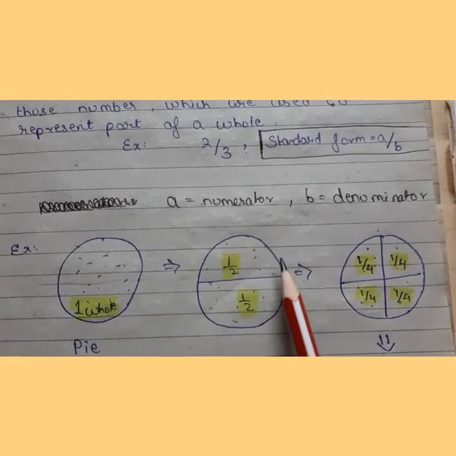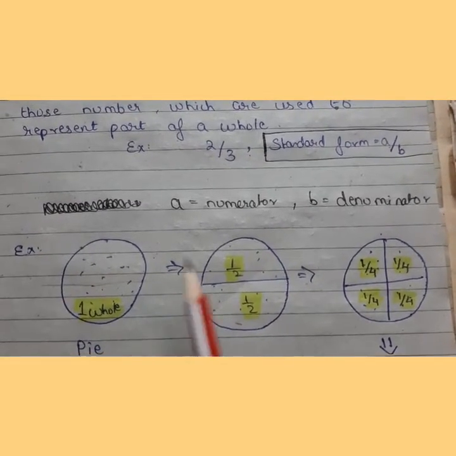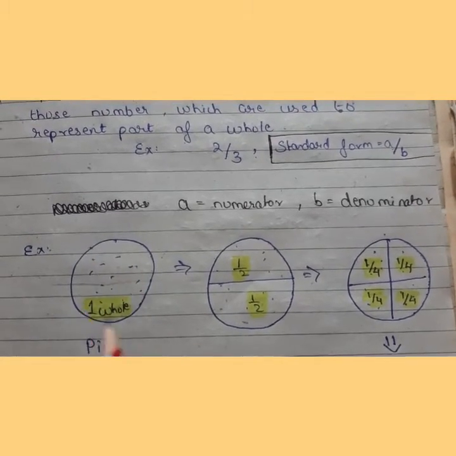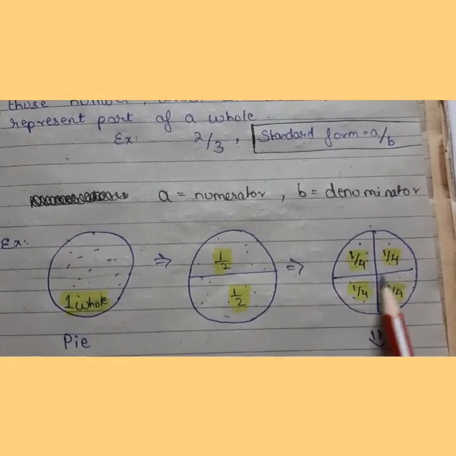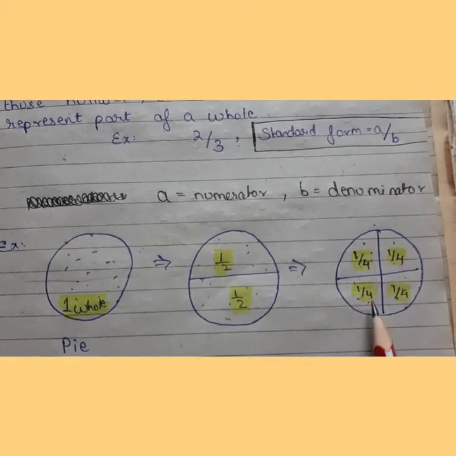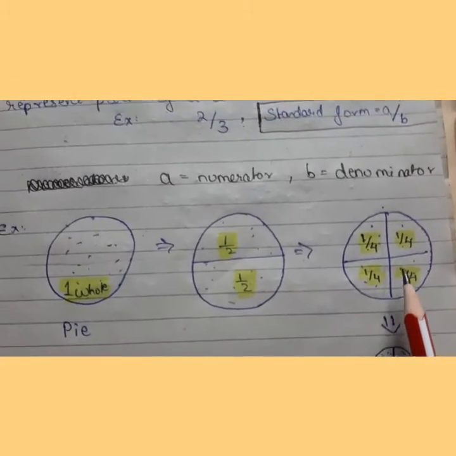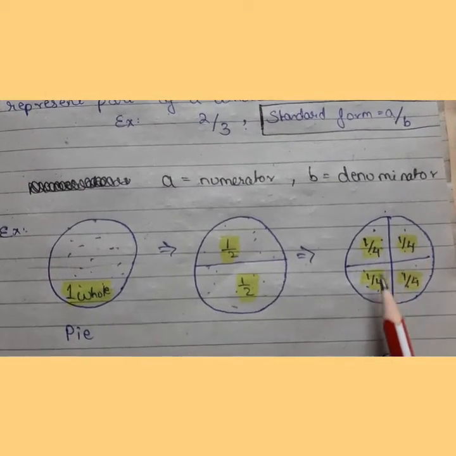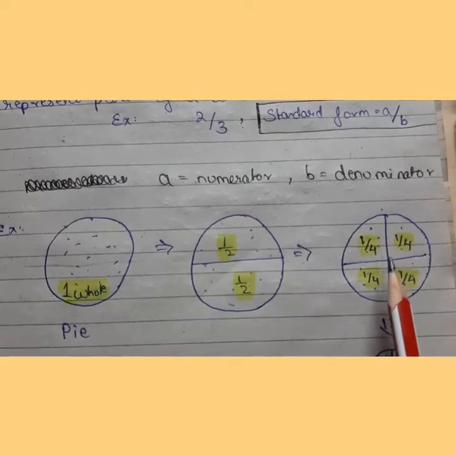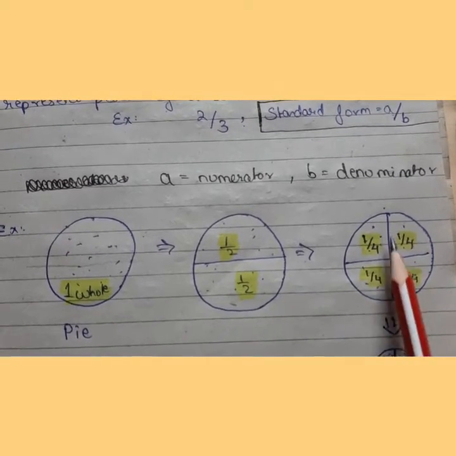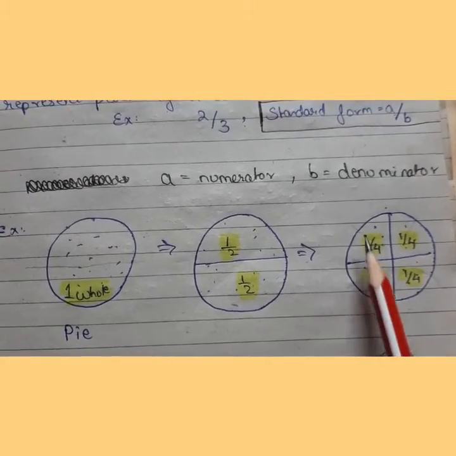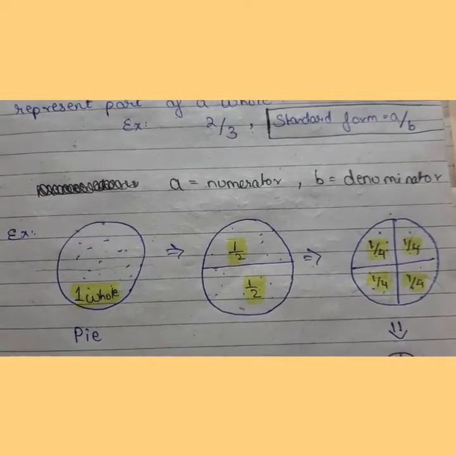Similarly, if I divide the same pie into four equal parts like this, each part will have what value? 1 by 4th. Why 1 by 4? Because the whole pie has been divided into 4 parts, so each part will have the value 1 upon 4.